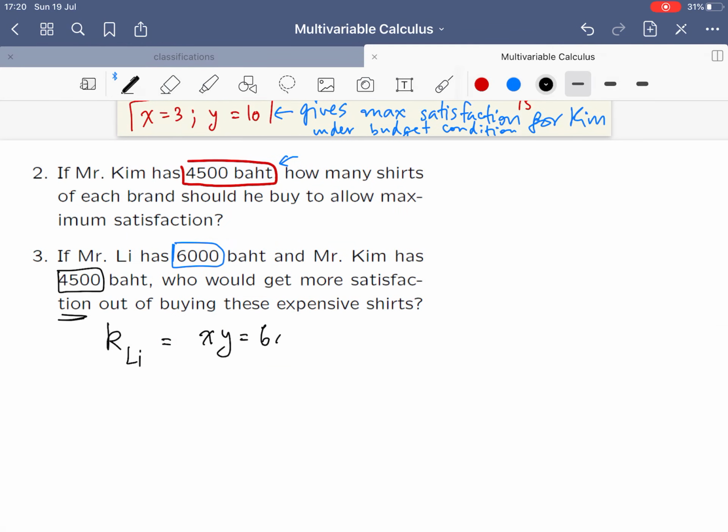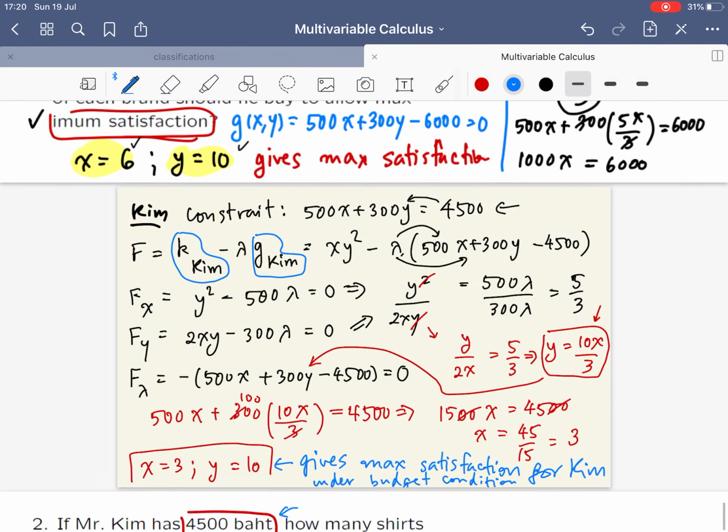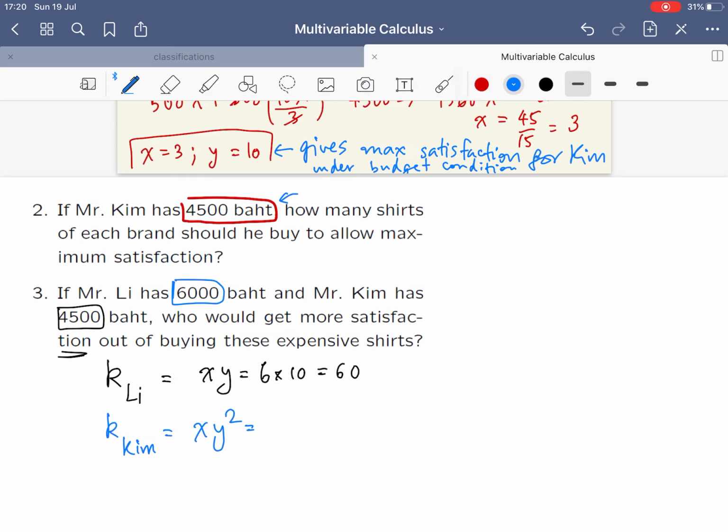So you got 6 multiplied by 10, which is 60 as the level of satisfaction. But the k for Mr. Kim is xy squared. Just go back. You see, xy squared is the satisfaction level for Mr. Kim, and here his x is 3 and his y is 10, so you have 300.